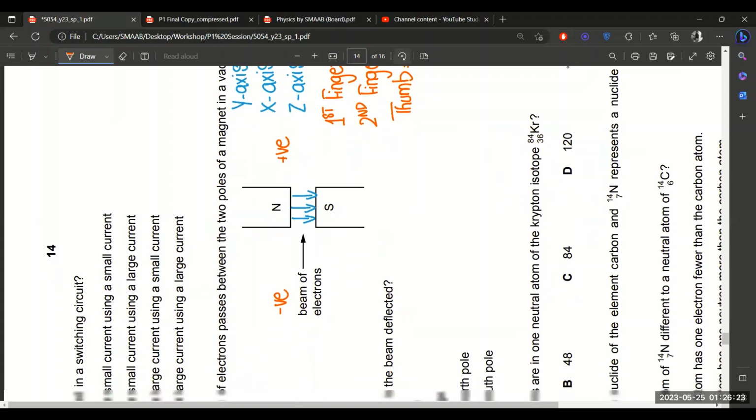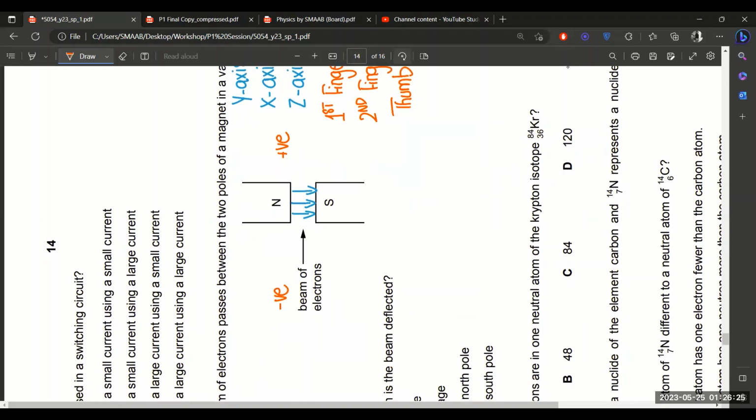Okay, so if we consider your paper like this, that will be more easy. So now you need to place your first finger in the direction of the magnetic field. So you just need to place the first finger of your left hand towards the right hand side. So that is the direction of the magnetic field.